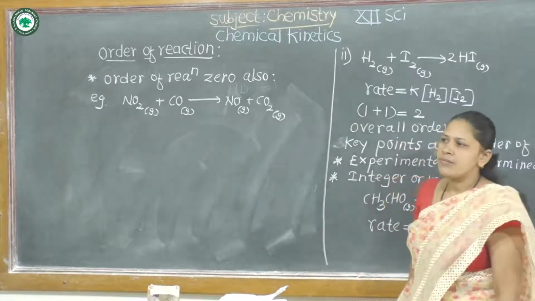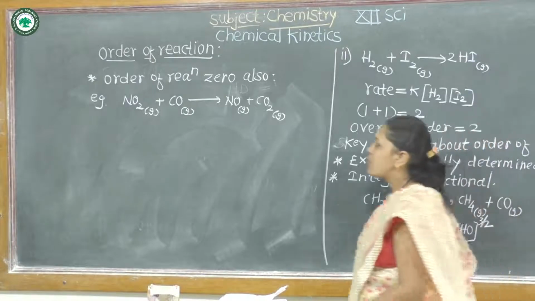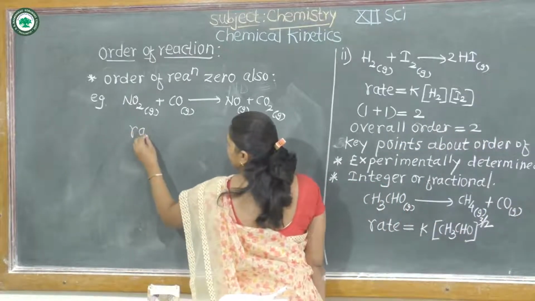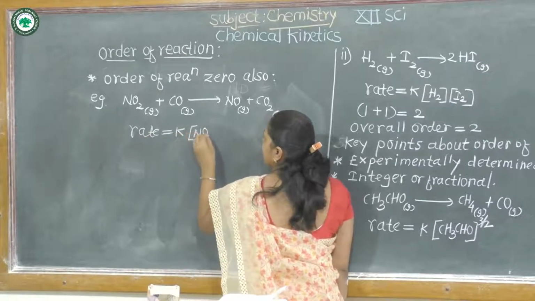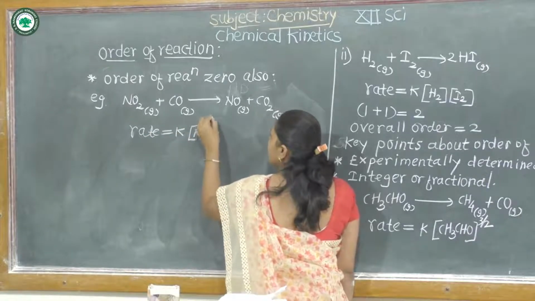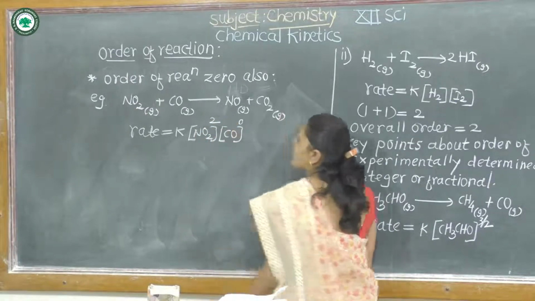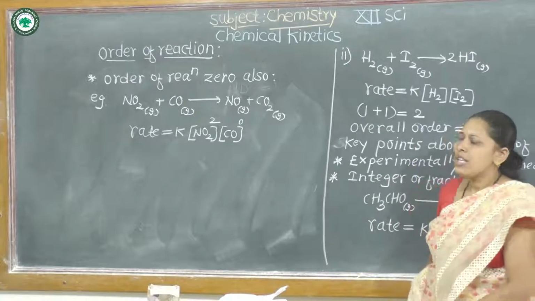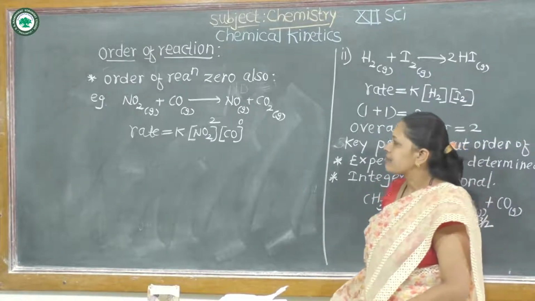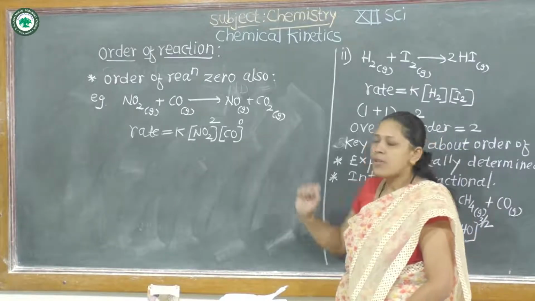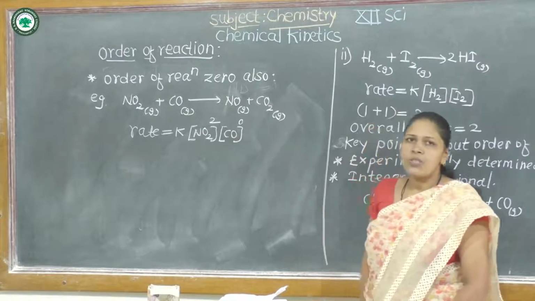For this reaction, the experimentally determined rate law is found to be rate is equal to rate constant multiplied by concentration of NO2 raised to power 2 and concentration of carbon monoxide raised to power 0. In this rate law expression, it indicates that power of concentration terms is 2 and 0.